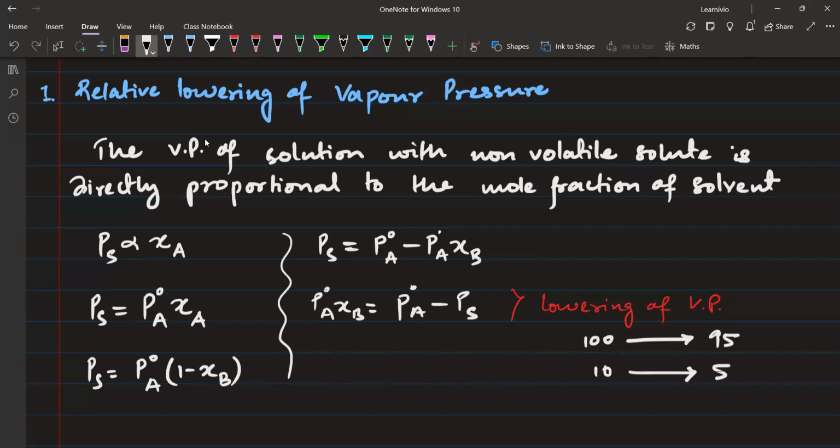So the decrease, the lowering in the vapor pressure, is the same in both of them, that is 5 units. Make sense? Yes or no? Please tell me. Correct? But where do you see more decrease, in A or B? Where is there more decrease in the vapor pressure, A or B?